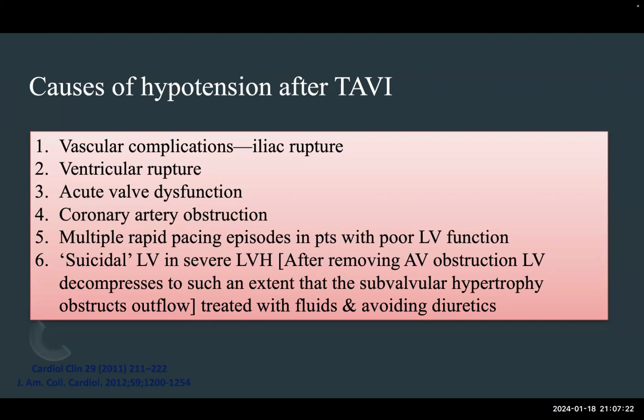In severe ventricular hypertrophy, if a patient has low volume because he's been fasting for 18 hours in preparation for this procedure, the LV volume is low, there is not enough blood, and it used to contract fast and hard to overcome the aortic stenosis.